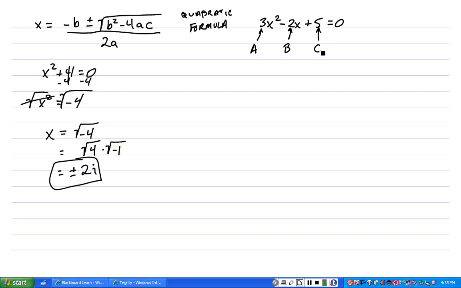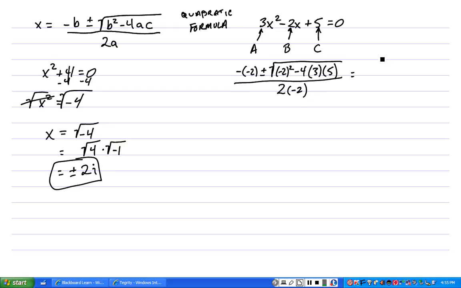So now you can plug into the quadratic. So you have a negative 2 plus or minus the square root of a negative 2 squared minus 4 times a, which is 3, times c, which is 5, all over 2 times a, which in this case is 2.